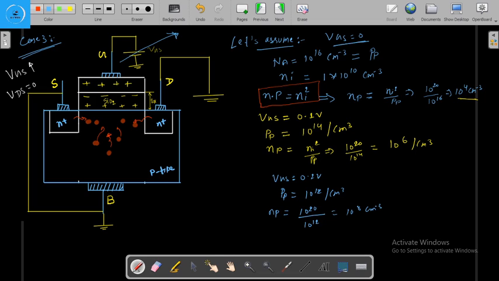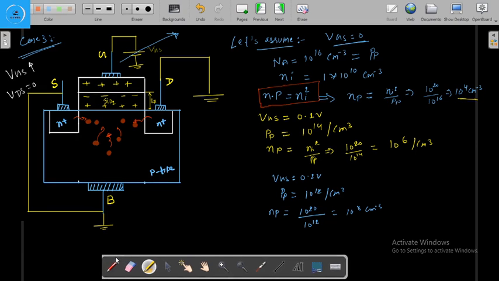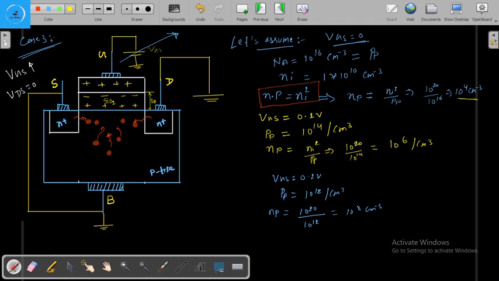Now again we are increasing the VGS. We are increasing this VGS to 0.3 volt, and see here, when we increase the VGS to 0.3 volt, more electrons will come from the substrate as well as from the source and the drain.